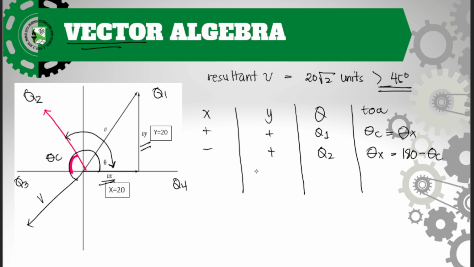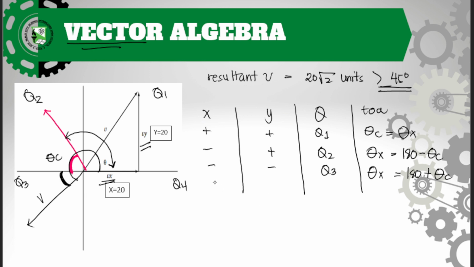Okay? So, same goes with quadrant 3 and 4. Kapag both negative sila, nasa quadrant 3 yung vector mo, para makuha mo yung reference to x-axis, i-add mo siya kay 180. Kasi ito yung mako-compute mo naman dyan. Okay?